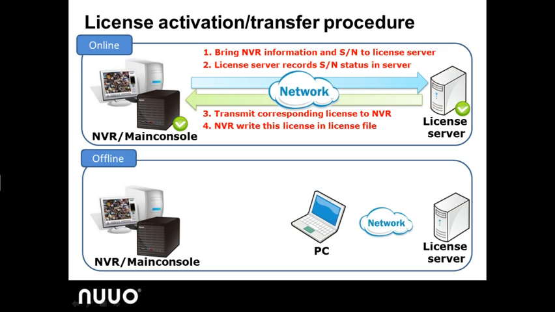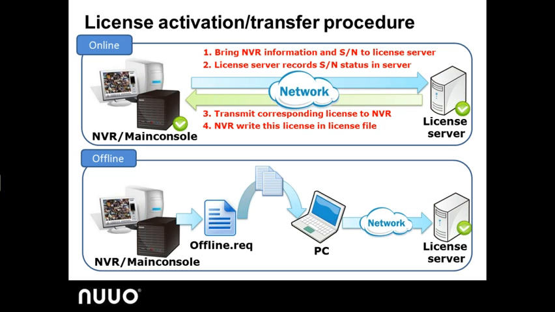Okay, for the offline method, the NVR first generates an offline direct file, which includes the NVR information and the serial number. After that, the user needs to copy this file to a PC which can connect to the internet. After that, the server will record the serial number status, and it will transmit the corresponding license to the PC.